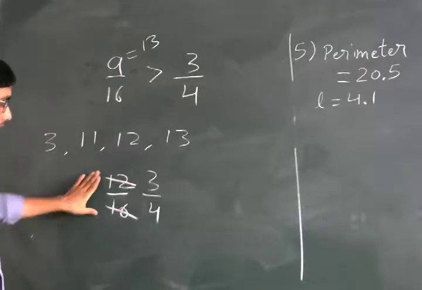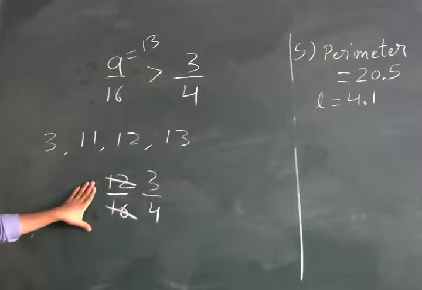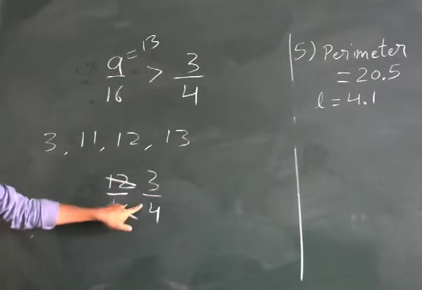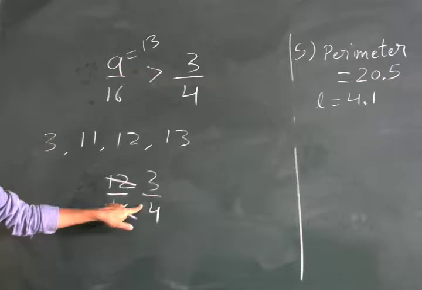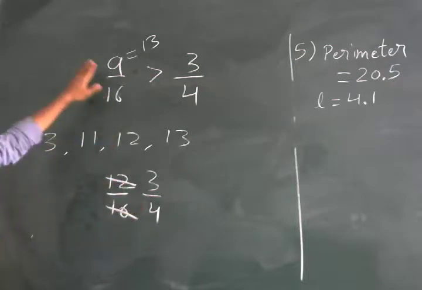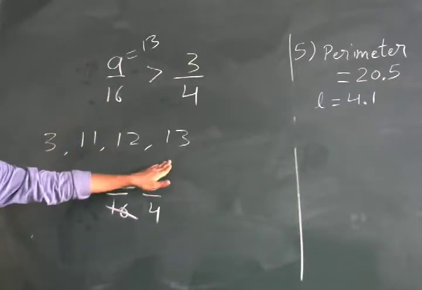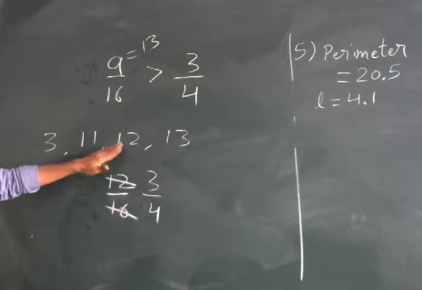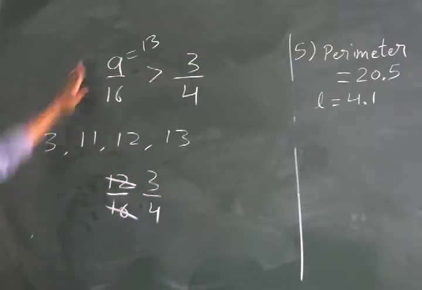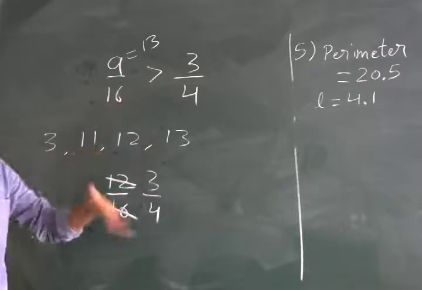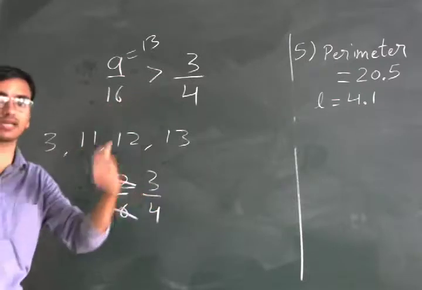If we take 12 by 16, we know 12 by 16. What is the lowest form of 12 by 16? 3 by 4. Okay, so these are the 4 options. If I put 12 here, 12 by 16 is 3 by 4, but we want more than 3 by 4. We want greater than 3 by 4.